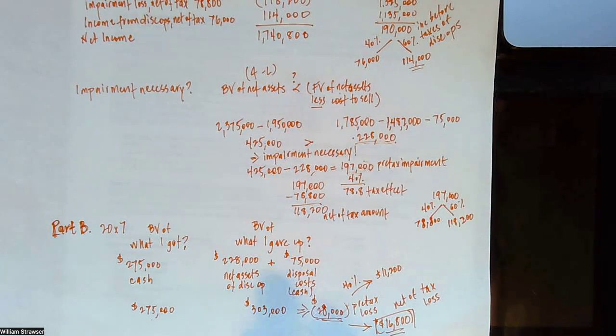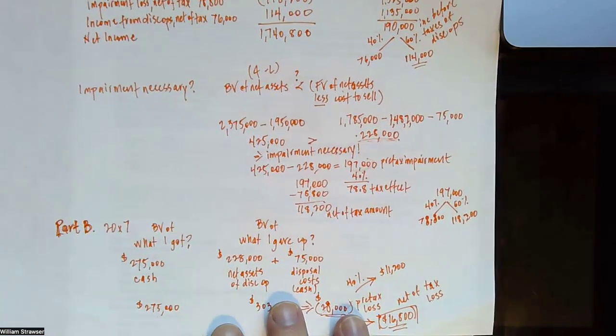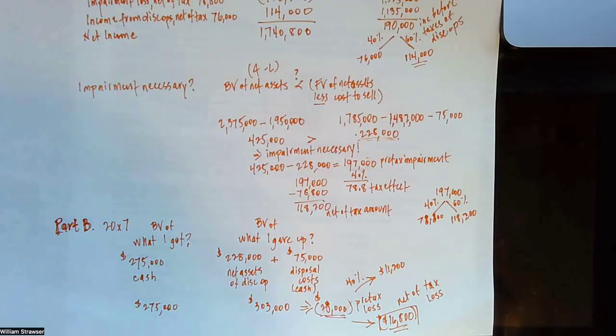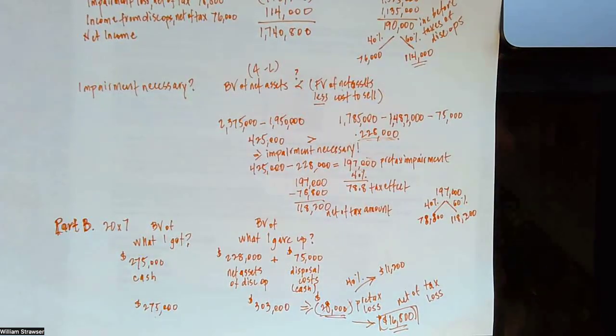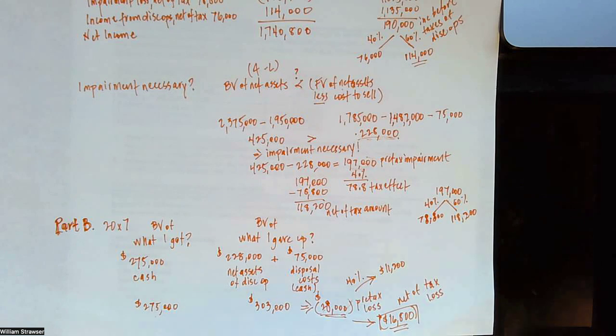You also have to remember that if there are confirmed costs to sell, that those add in to calculating what I gave up. Right? This cash amount is what I got. And then all we're doing with a gain or a loss on a sale is making up for the differential between the amount that I got, in this case, the 275 of cash, and the amount of assets I had to give up, which were net assets of 228 and cash of 75,000 for the disposal.